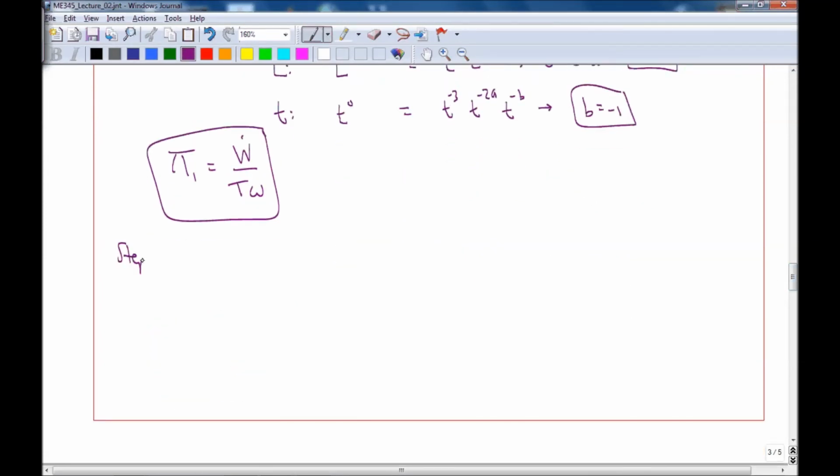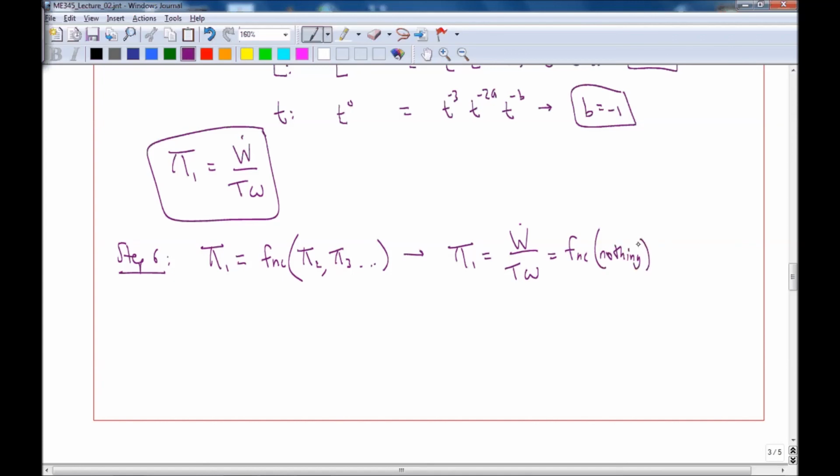Finally, step 6, the last step, is to express the pi's as functions of each other. Generally we write pi 1 equal function, the dependent pi is a function of all the other independent pi's. Here, pi 1 is W dot over T omega, and it's a function of nothing.